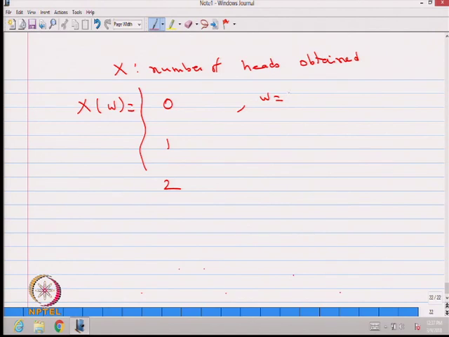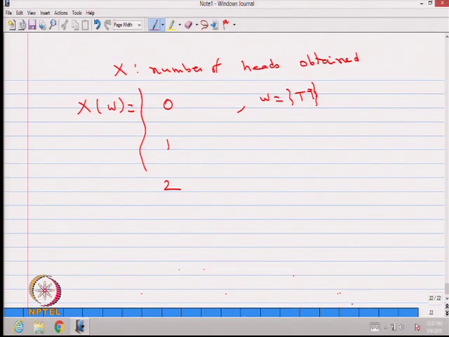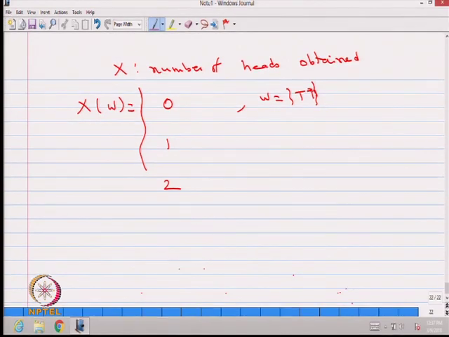So, for 0 it is both tails, that is TT will give X of omega equal to 0.